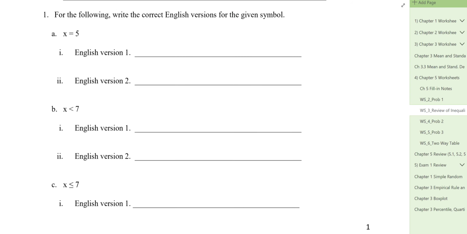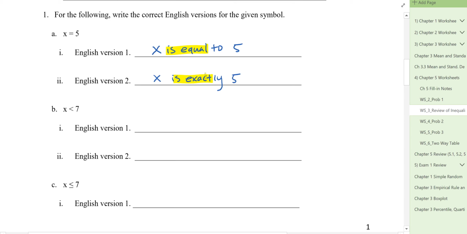Number one, write the correct English version for the given symbol. Again, there are different ways of writing the same thing. I can say x is equal to 5, or I can also say x is exactly 5. So equal to and exactly both mean equal to 5.